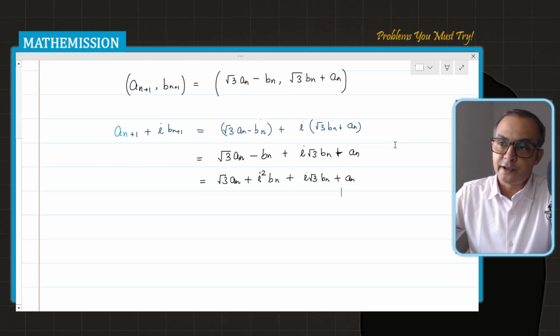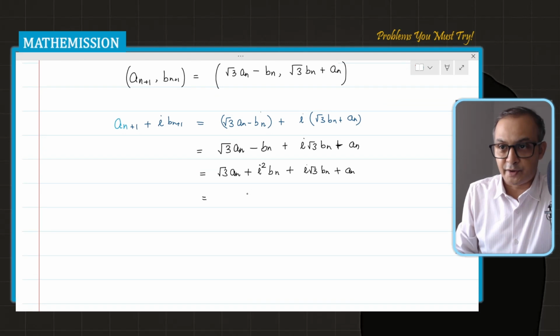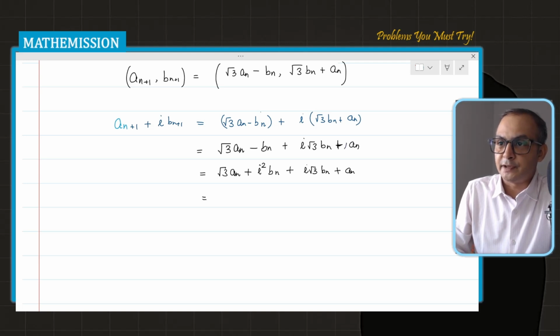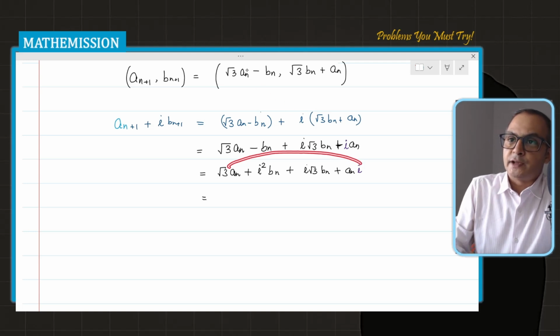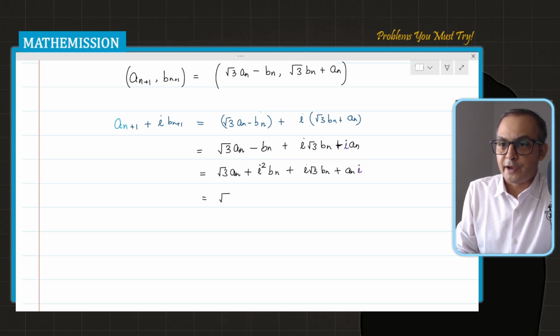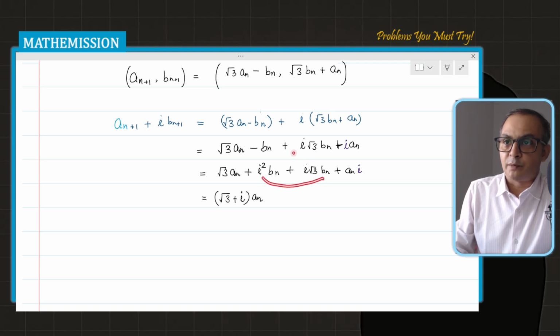And what it will give you, you can be surprised to notice. There's one mistake I made: I have to multiply by i here, so an i should be there also. So from the first term and the last term, you can see that an is the common factor. So I can take an as a common factor, and I am getting root 3 plus i. And from the middle two terms, I am getting bn and i as the common factor.